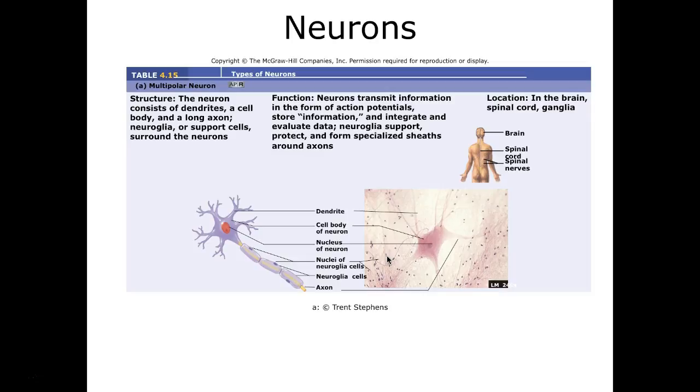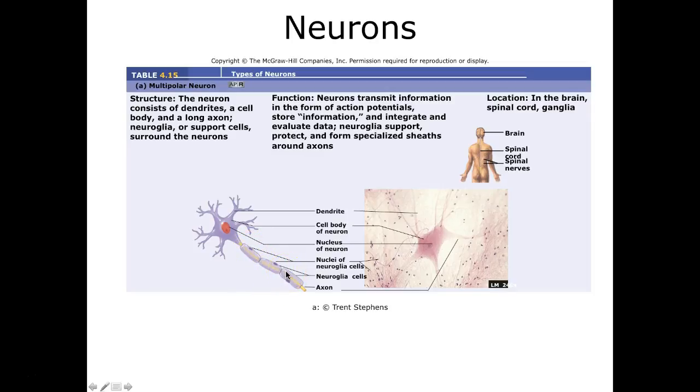The function of our neurons is to transmit that information, that nerve impulse or action potential, over to either an organ or to another cell, another nerve cell that is. We'll also see these sheaths that are surrounding the axon, and these are called myelin sheaths.